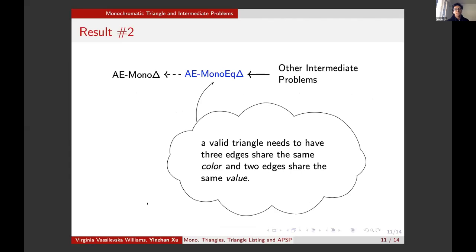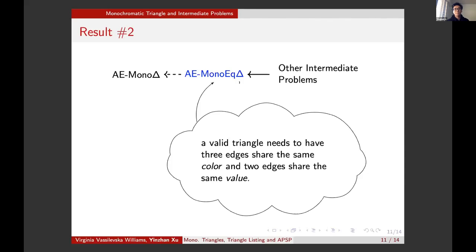So our second result relates many other intermediate problems to the all-edges monochromatic triangle problem. We say it's related because this is a reduction, but whether it works depends on the value of omega. So it's noted by the dashed arrow here. The key idea in the reduction is to define a new problem called all-edges mono-equal triangle.